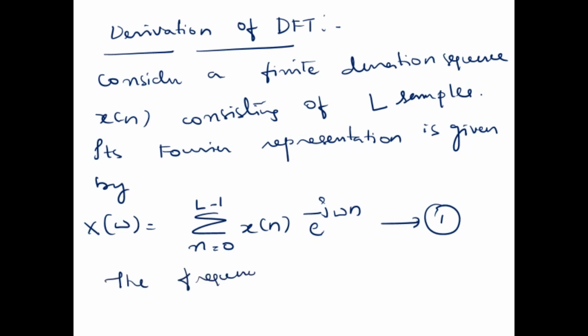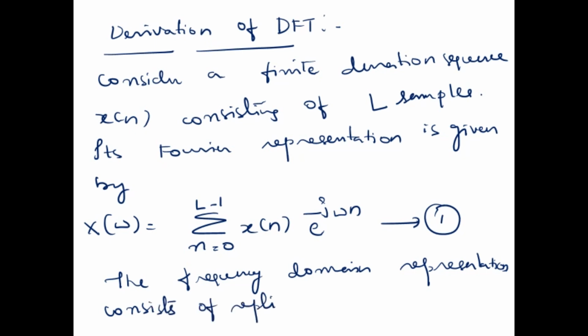Then the frequency domain representation consists of replicas of X of omega, which repeats with a period 2 pi.